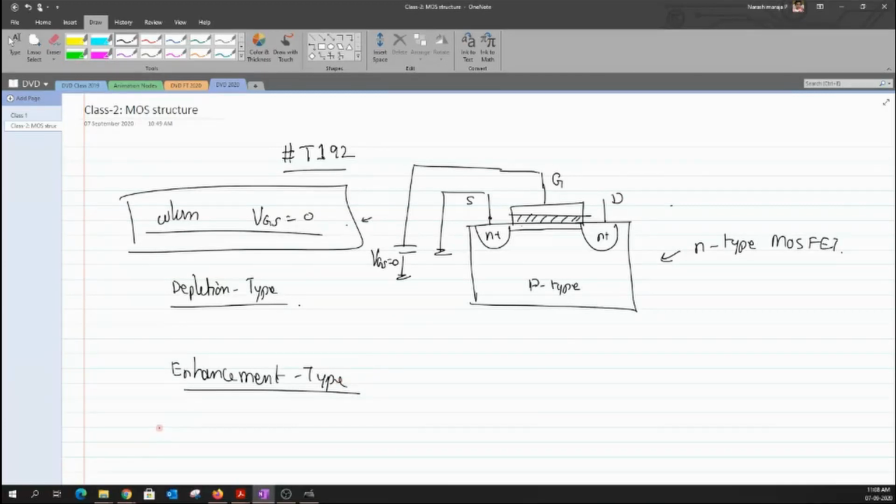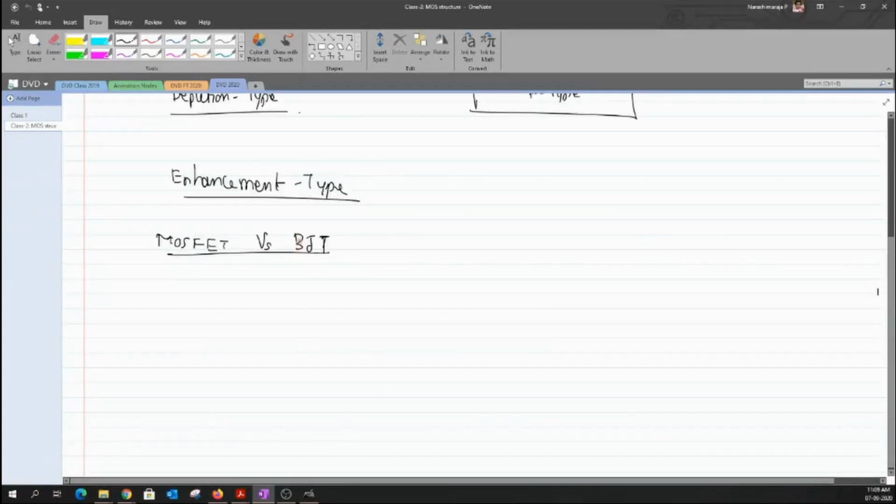And how is this MOSFET different from a BJT? I'll derive this difference right away from this particular term. What do we mean by bipolar? Charge carrier current flows by both kinds, electrons and holes.